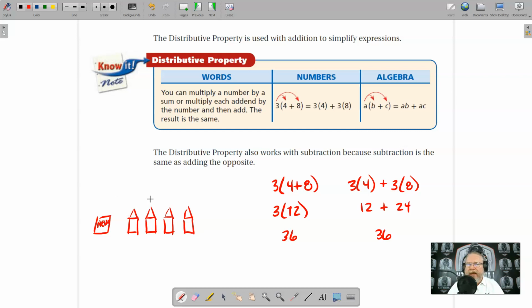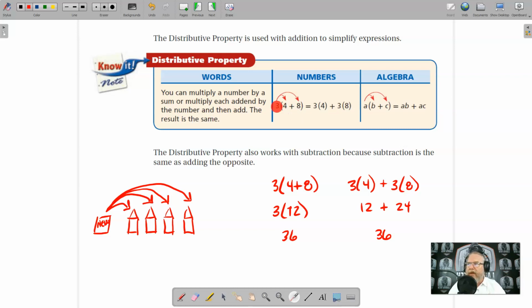So the idea was I was in the business of distributing newspapers, and the same newspaper had to go to each house. So I would deliver the same newspaper to each house. And just like I distributed the same paper to each house, likewise, the number that's being multiplied times whatever the quantity is here gets distributed into each of the terms that's inside of the parentheses. We'll talk about what terms are in a moment.